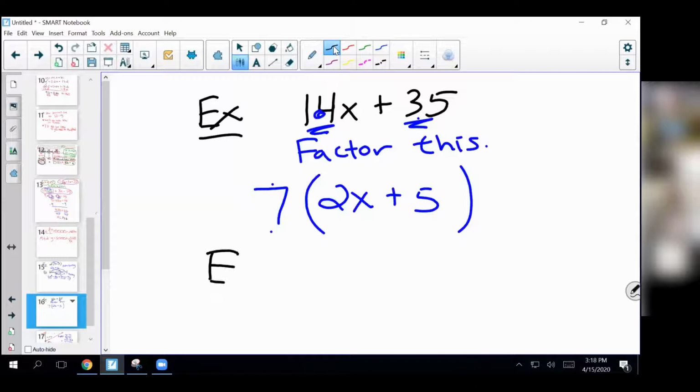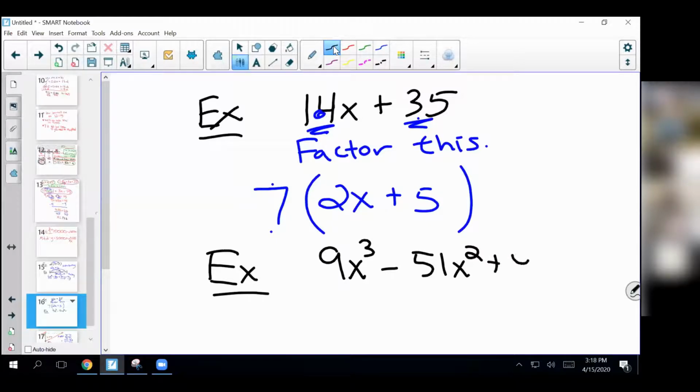So a little bit more complicated, but basically the same idea would be 9x cubed minus 51x squared plus 45x. To factor this, again, we want to pull something out like we did the 7.